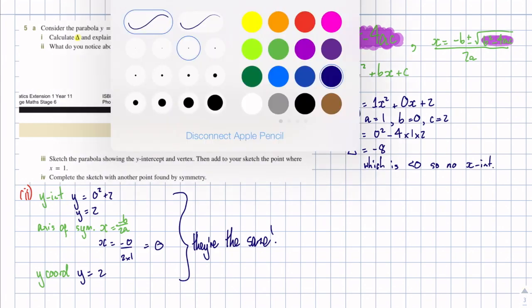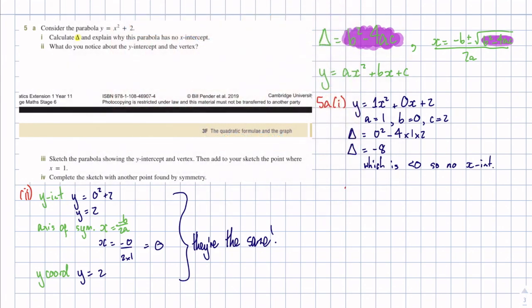So if we sketch it, oh, come on, I can do a straight line. I'll call this 1, 2, 3. And this is my y, and this is my x. The y-intercept is positive 2. No x-intercepts. It's going to go up like that.